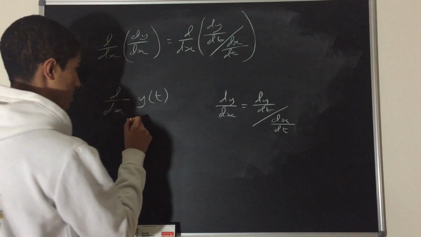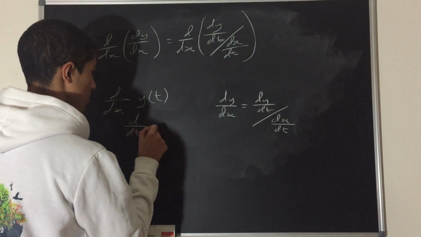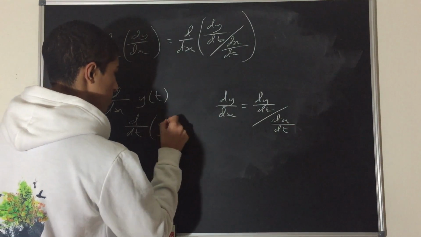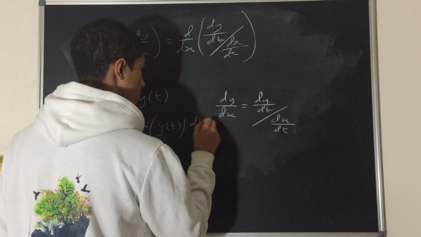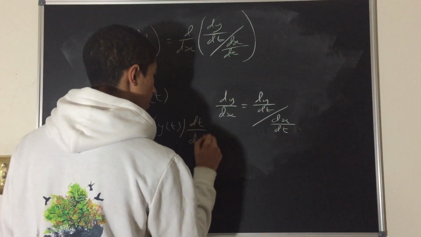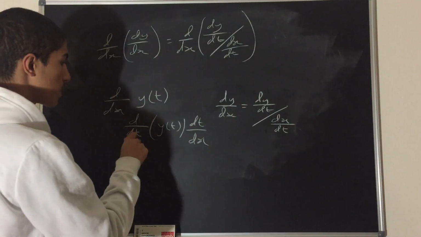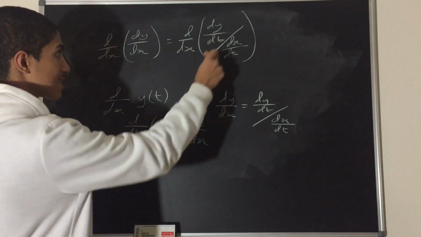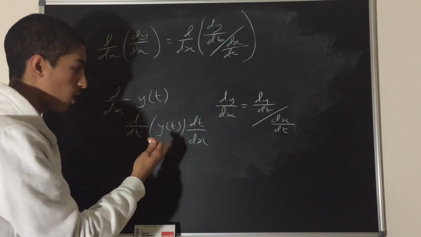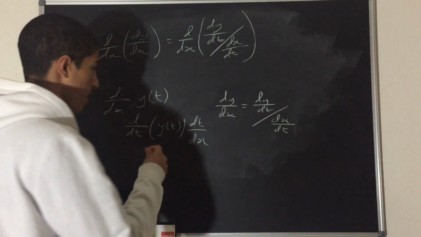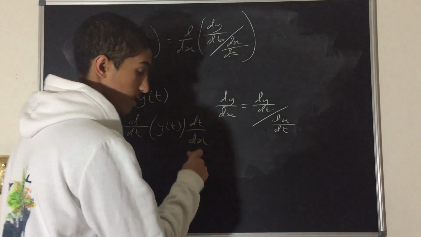So what you do is you do d by dt of y of t multiplied by dt by dx. And that's the chain rule. So we can employ the same exact thing here. In this sense, this dy by dt by dx by dt is our y of t function. And we just have to multiply it by d by dt and dt by dx.